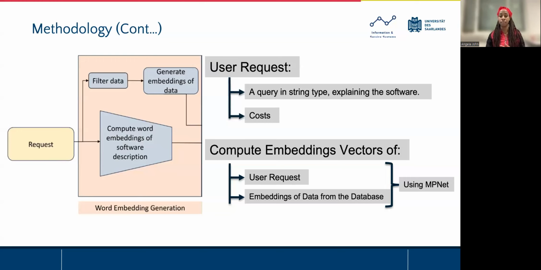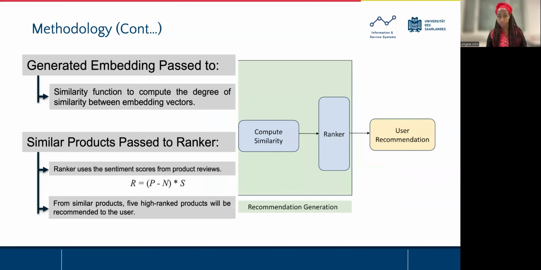After that, we will go ahead and pass these embeddings to a similarity check. We'll compute the similarity between what was given as the request and what we have in our database, or what exists in terms of the software. And then it will pick those that are most similar to the request that was made.